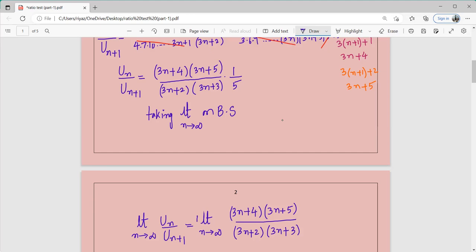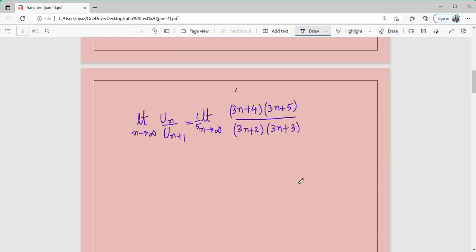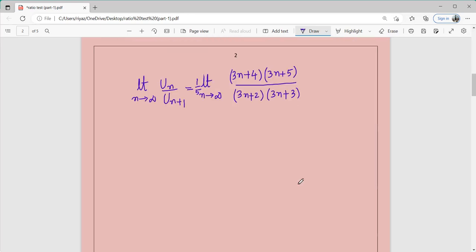Better to write down outside. Any doubt?